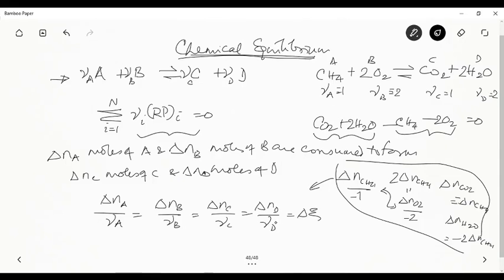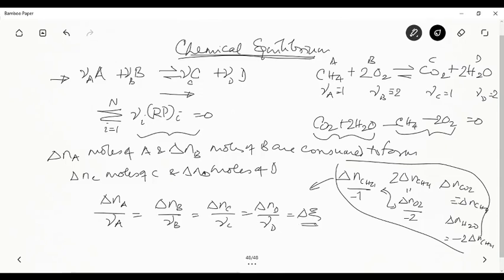Now in this, very clearly, if delta xi is positive, then the reaction is proceeding in this direction, because then this is negative, this is negative, this is negative, this is negative. Because nu A, nu B are negative and nu C, nu D are positive, by definition the reactant coefficients are negative and product coefficients are positive.